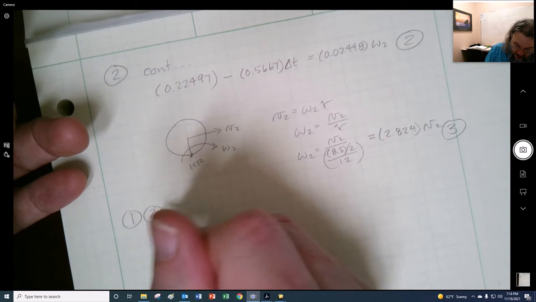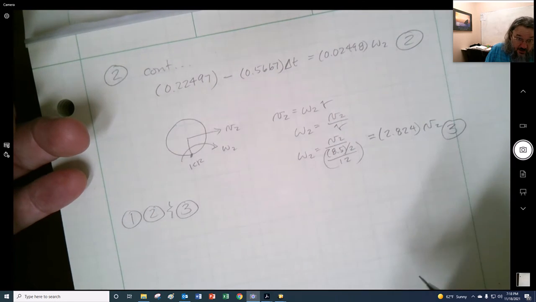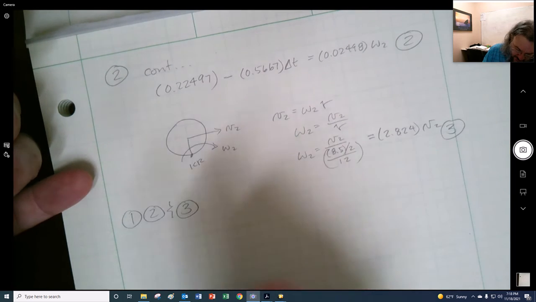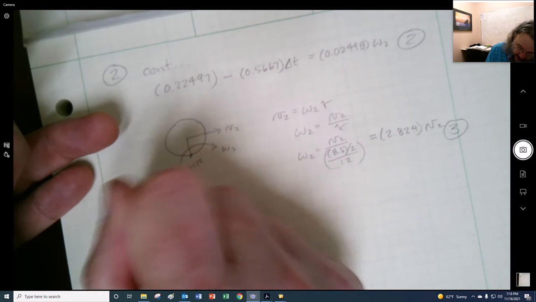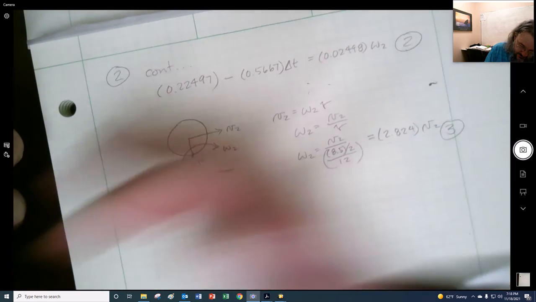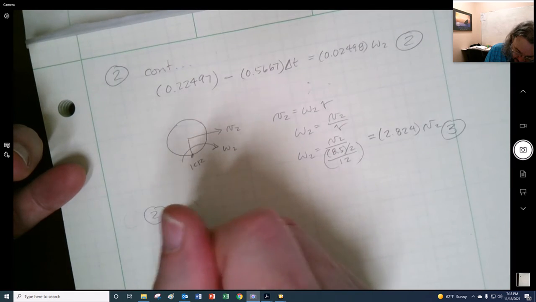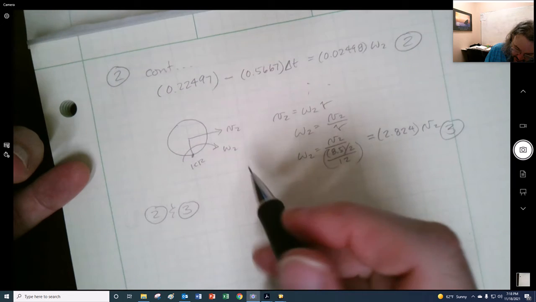1, 2, and 3 together. Well, no, actually first let's go 2 and 3. And let's solve this for that velocity, right? So that's the reason why I'm putting this in here. So I'm going to go 2 and 3 together.